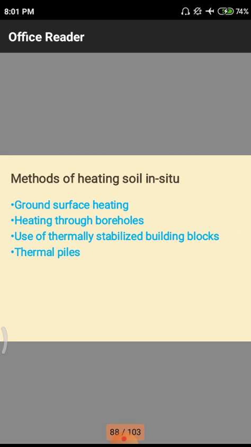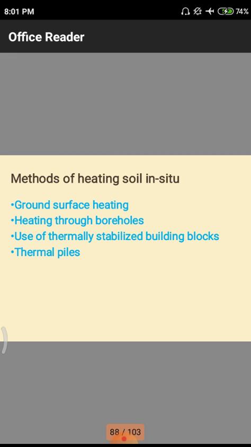Next one, use of thermally stabilized building blocks. That means thermally stabilized blocks are responsible for transferring heat, or simply they have a huge heat absorption and heat release capacity, which they give directly to the soil. Next one, thermal piles. Thermal piles are also responsible for giving some quantity of heat.